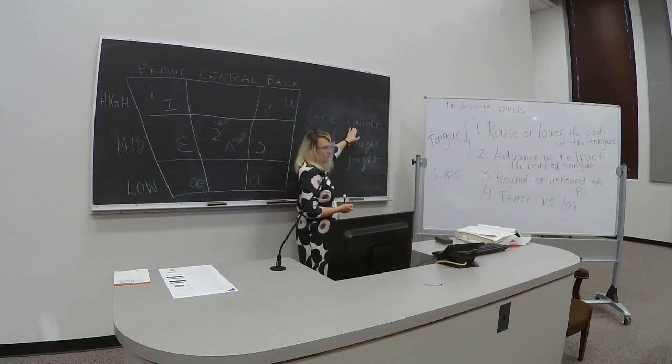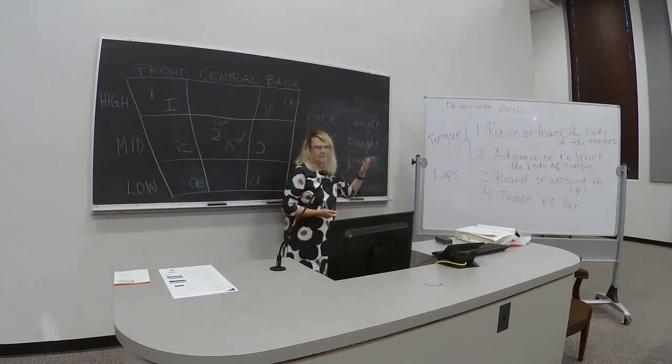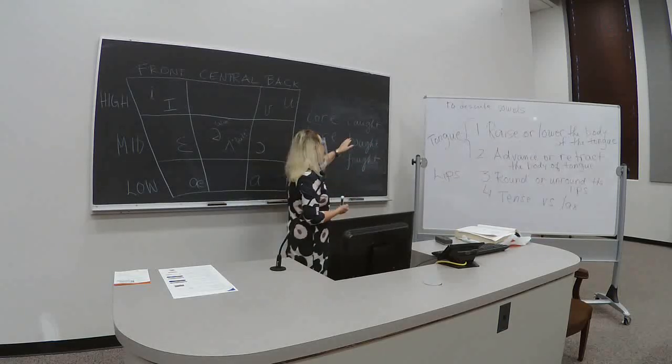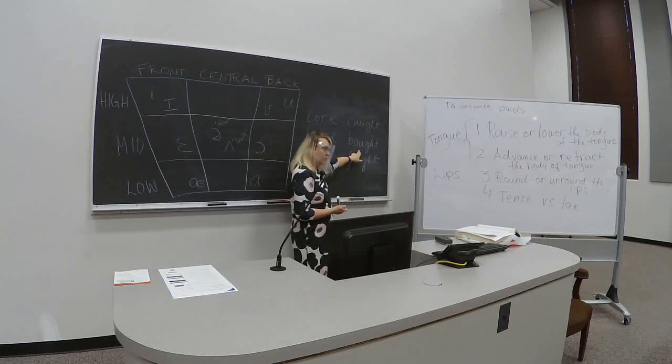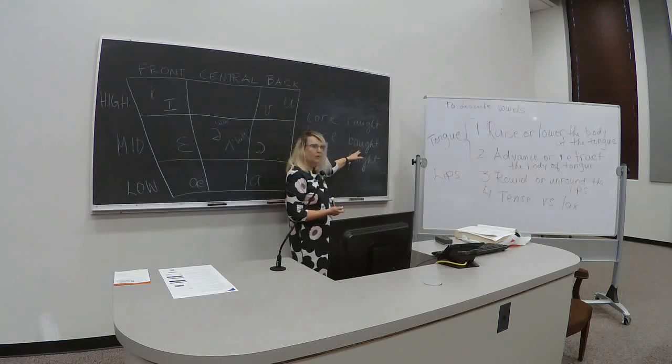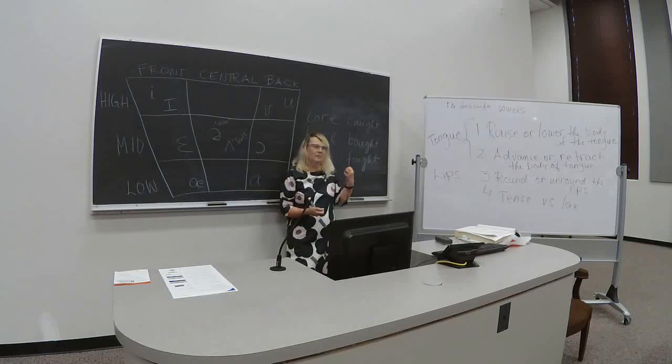I tend to, but I'm not a native speaker, so I might say "caught". I caught the flu with the rounded open O. I bought a new car. I fought a fight. So caught, bought, fought. You see how I'm rounding my lips for that?